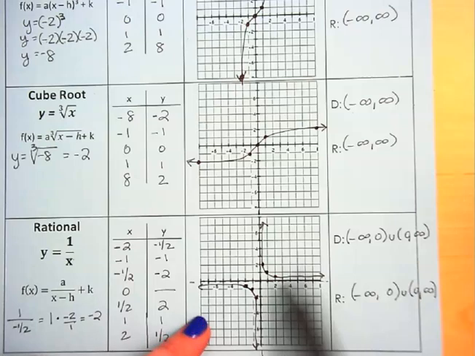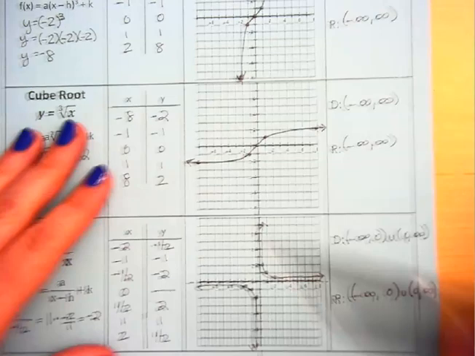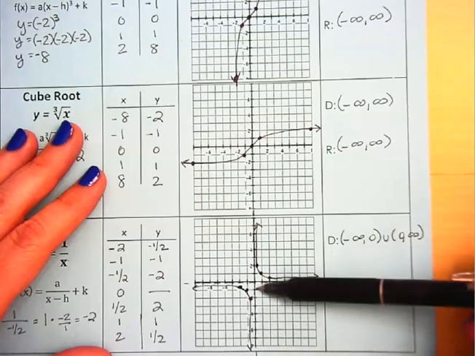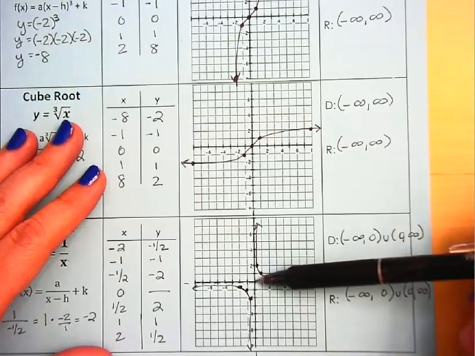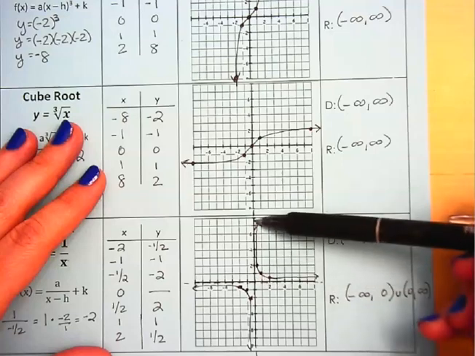It breaks here and picks back up after 0, 0 to +infinity. And the same thing with the y's. -infinity to 0, it breaks, picks up after 0, and goes up to +infinity.